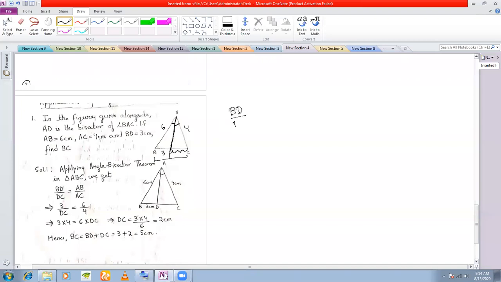So I can write, this side BD by this side DC must be equal to this side by this side. So that is what I'm going to write: BD by DC equal to AB.